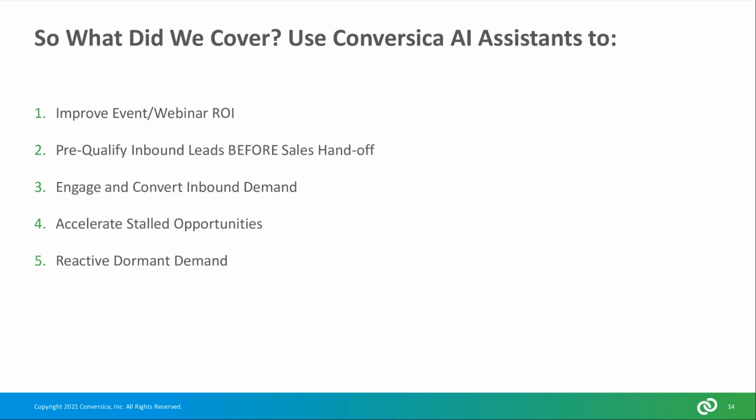And then with all of those qualified leads you're handing off to sales, are your sales teams able to engage and convert that inbound demand, so you could turn them into meetings, and hopefully those meetings into pipeline? Do you have seasonality where you can have pipeline opportunities that get stalled? How do you want to accelerate those stalled opportunities?